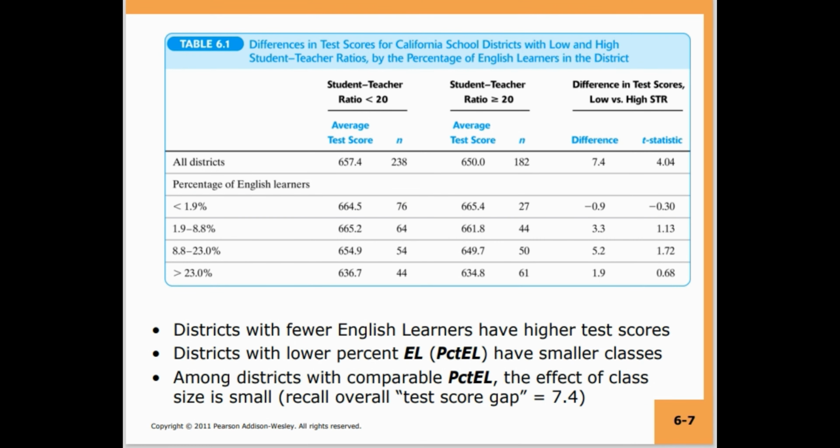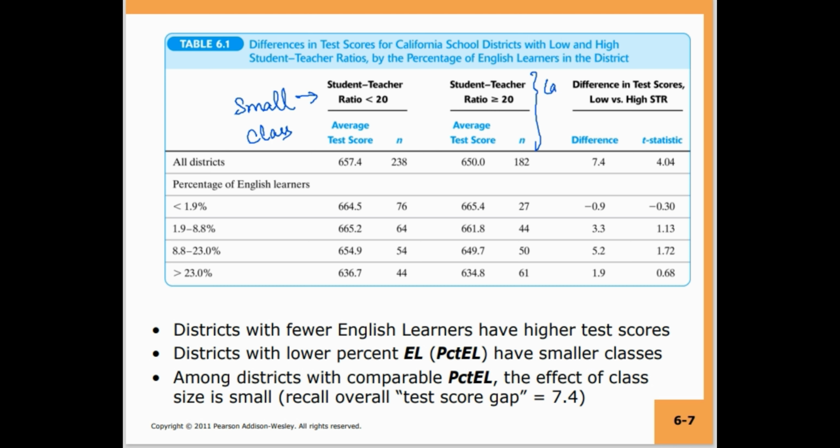So if we discretize our original data of student teacher ratio, if we do not take the continuous variable but put it into categories, what are the categories? In the columns, this column talks about small class sizes, and this column is the large class sizes.